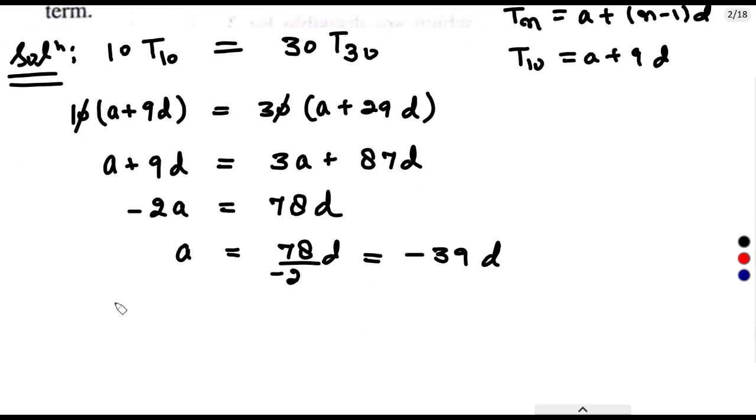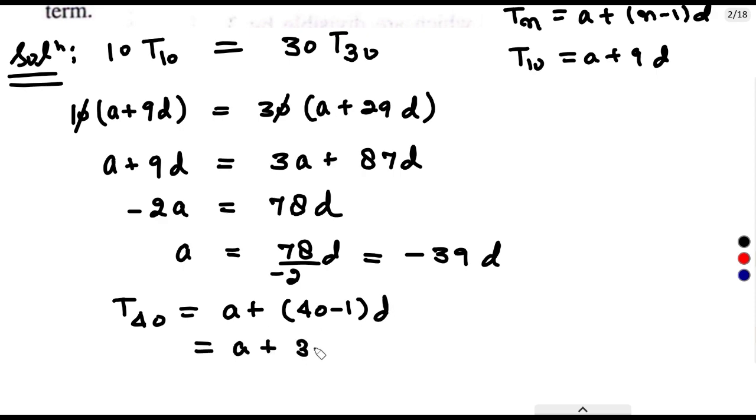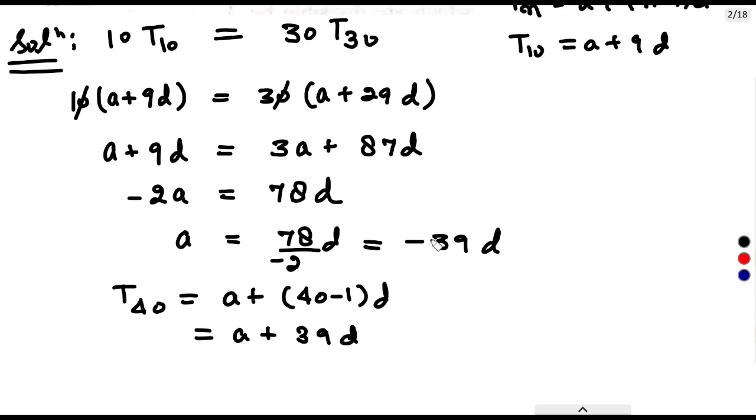Now we have to find 40th term. It will be equal to A plus 40 minus 1 into D, means A plus 39D. Just put the value of A, that is minus 39D from here. So 40th term will be 0.